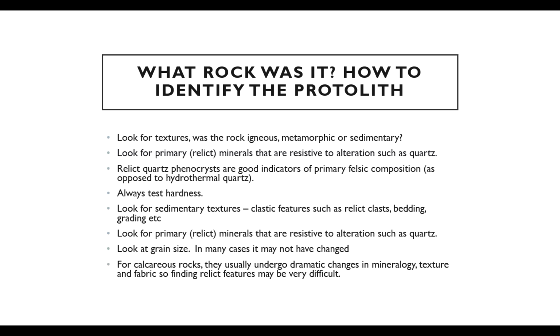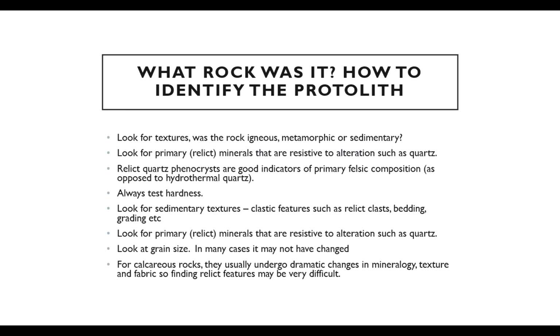That might tell you it's not ultramafic and maybe it's felsic. Hardness, they generally get softer. Look for sedimentary features and grain size for sedimentary rocks. For calcareous rocks you usually see a major change, so it can be quite obvious, but that also means it overprints a lot of the relic features.